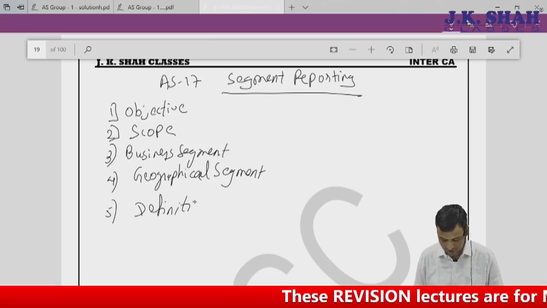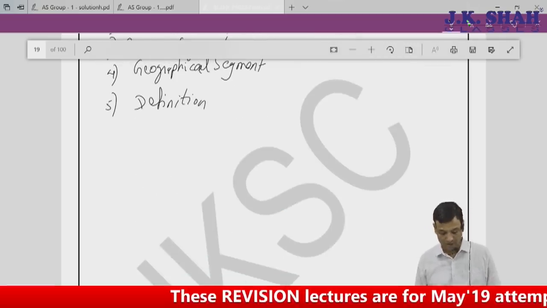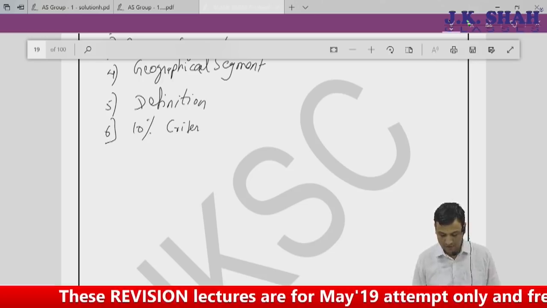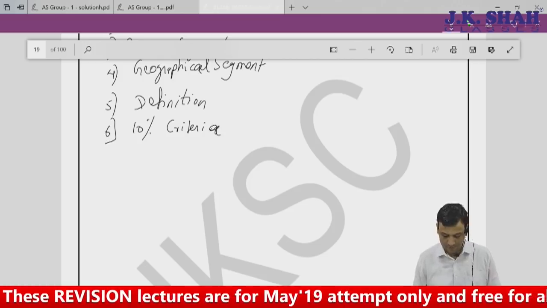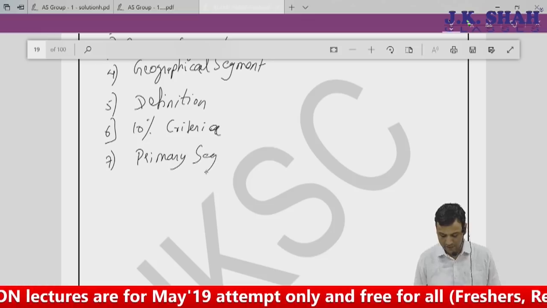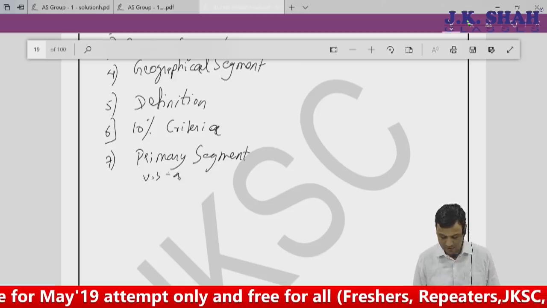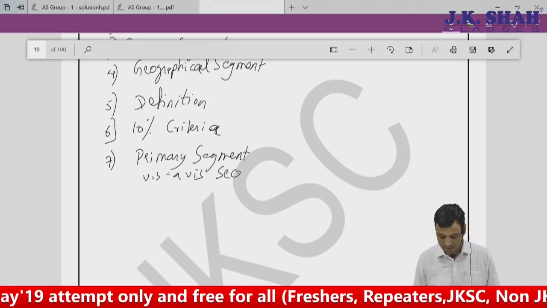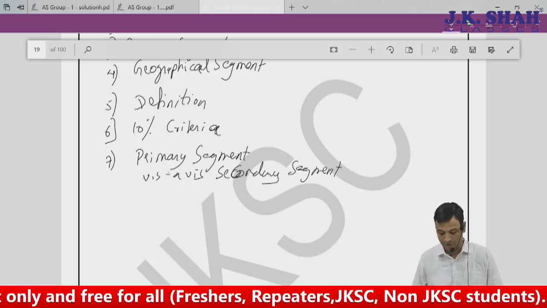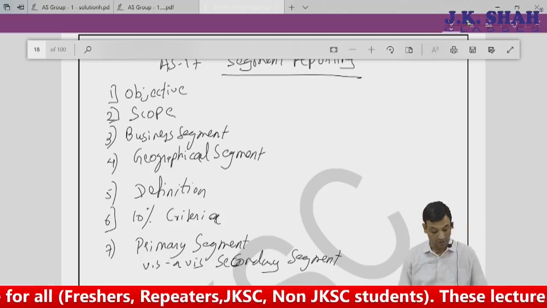Of course, business segment and all these things also come under definitions only. Definitions with respect to what is segment revenue, segment expense and so on. Then the 10% criteria, and primary segment vis-a-vis secondary segment. This is just a bird's eye view of the whole chapter on segment reporting. These are the things which we are going to understand.